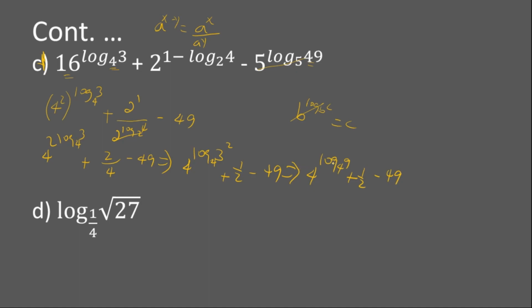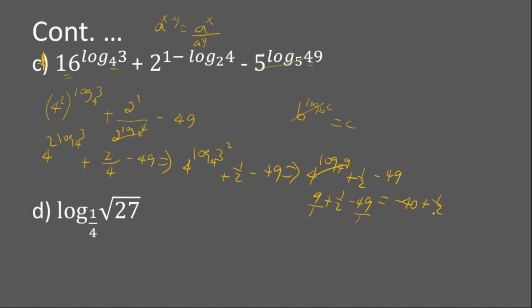This is cancelled, we are left with 9 plus 1 over 2 minus 49, or simply 9 minus 49 is minus 40, plus 1 over 2.